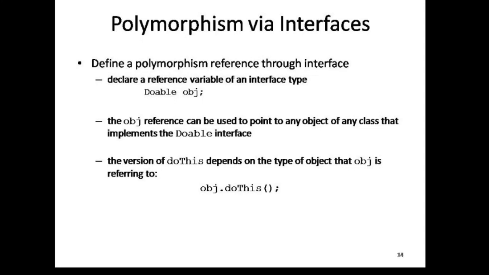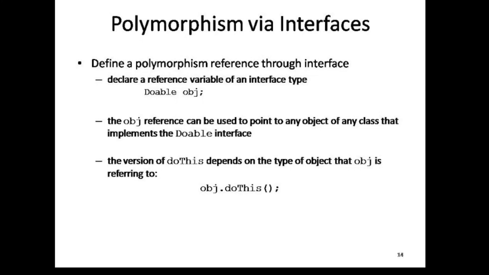This type of polymorphic binding can only be resolved at runtime. Obj is an object of the interface type doable, and this doable interface must have been implemented by many classes.